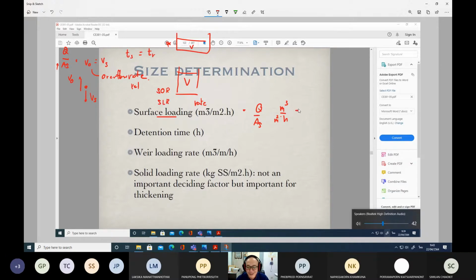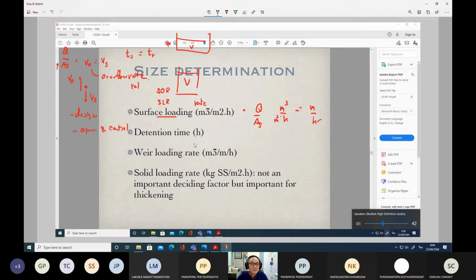Even if you cancel this, it comes out as meters per hour, which is the unit of velocity, but we prefer to express it as cubic meters per square meter per hour. So this is a criterion. A value will be given, and you can use it for the design, or for operations and control.